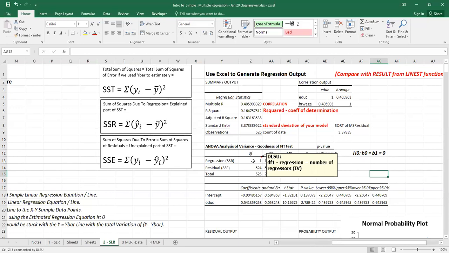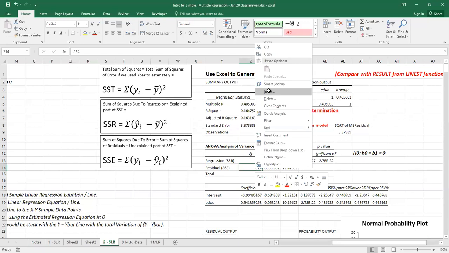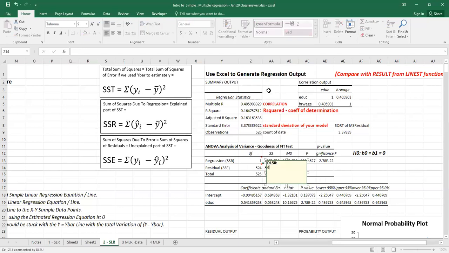How about itong sa residual, guys? This will be your df2. Okay, this is for your residual, and it's equal to n minus k minus 1.